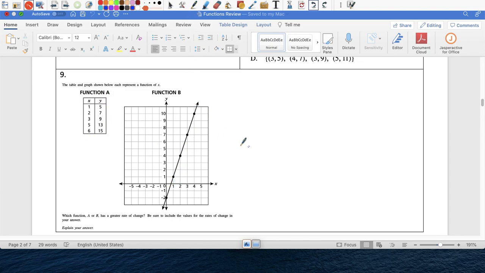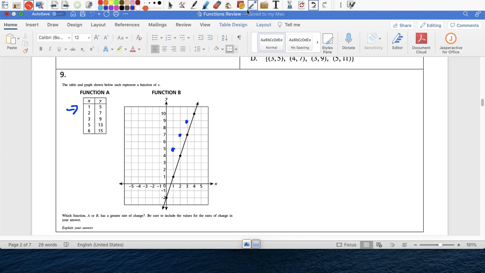So what you can do is maybe just graph function A and put it on the graph. So function A, let me put that on the graph: 1 and 5, 2 and 7, 3 and 9, and I'll do one more, 5 and 13.